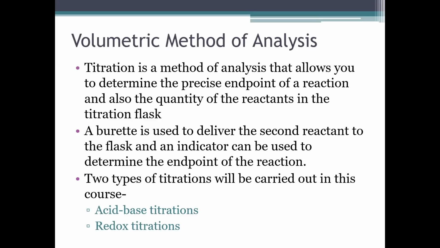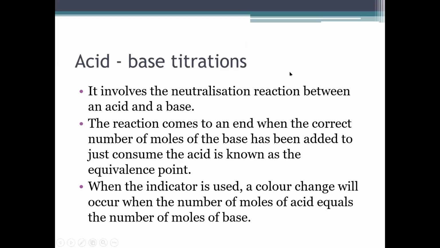And that would help you to know the quantity of the reactant in the titration flask that has reacted with your titrant in the burette. And like I said earlier on, the acid-base titration and redox titrations are what we'll be looking at in this experiment. So we're starting with acid-base titration.